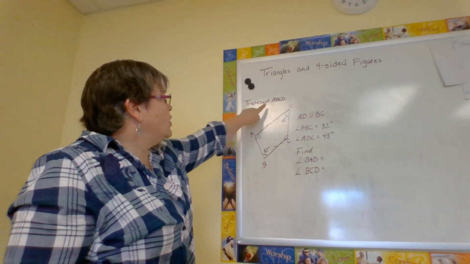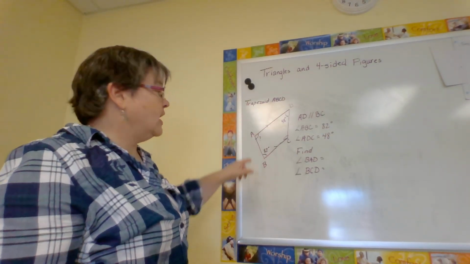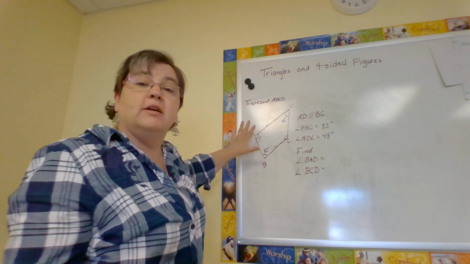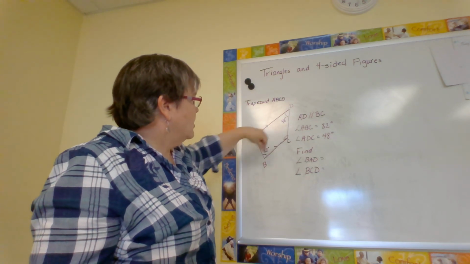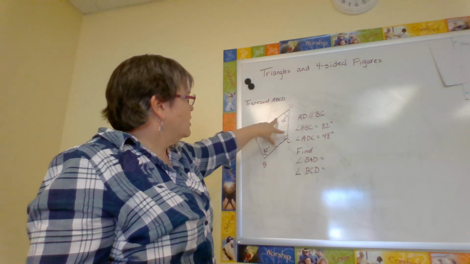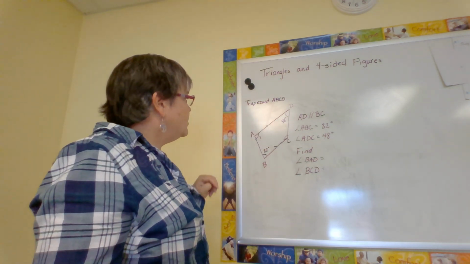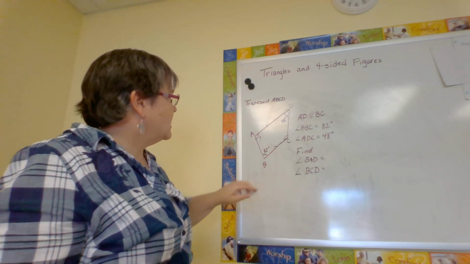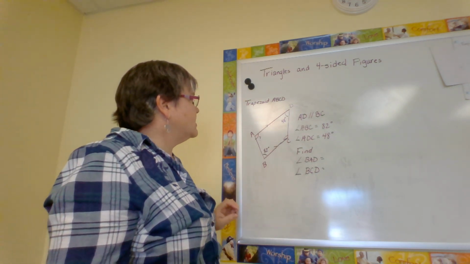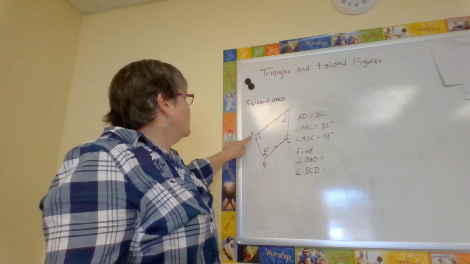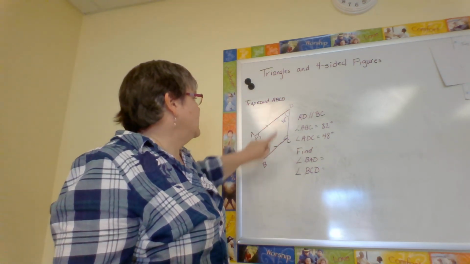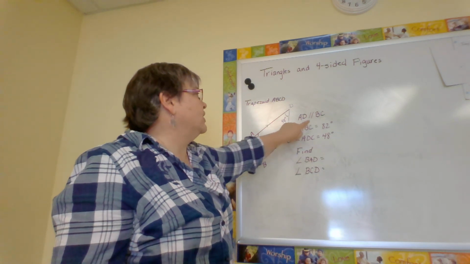This is trapezoid ABCD. It's kind of upside down from what we were looking at earlier, but as you can see, we have a four-sided figure where we have one set of parallel lines and the lines are not the same length. So that's a trapezoid. We know that line AD and BC are parallel.